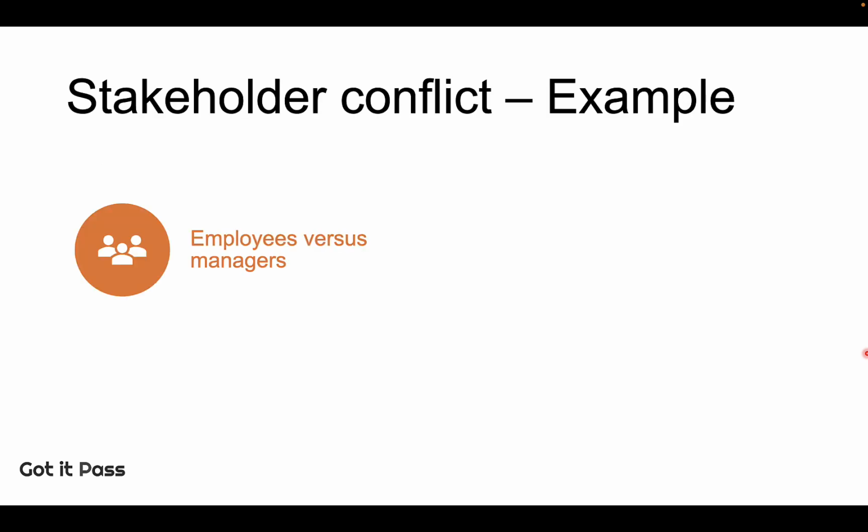First, let's look at the employees versus managers. For an employee, they are looking for job security, salary, or wages. And the managers are looking for salaries, job security, but they also look for the bonus.